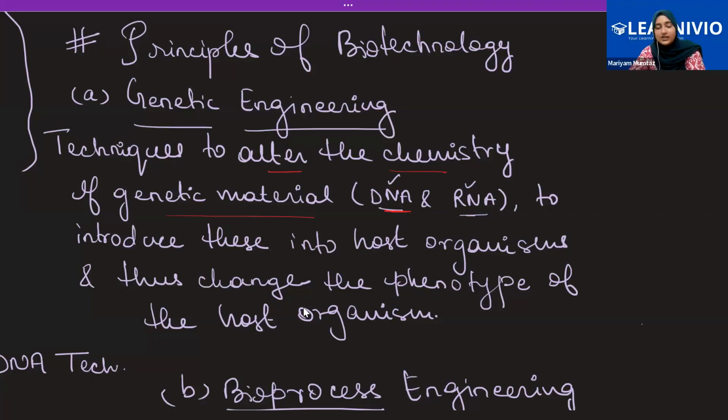You know genetic material is of two types, DNA and RNA, call it genetic material, call it nucleic acid. Then we change it and introduce it into the host so that when the host divides, we get our desired products multiplied. So this is the first principle of biotechnology.